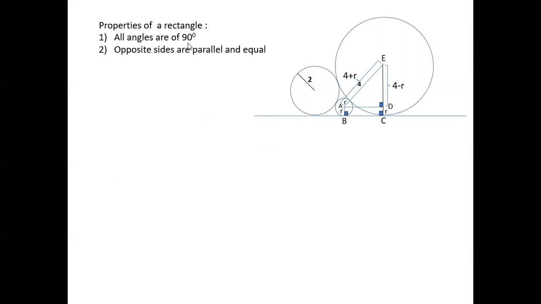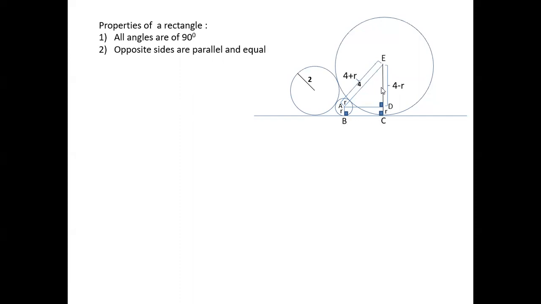All angles are 90 degrees and opposite sides are parallel and equal. So this side and this side both are parallel and equal, both are R. Similarly, AD and BC must be equal and parallel. So if you find the length of AD, that means you are finding the length of BC.